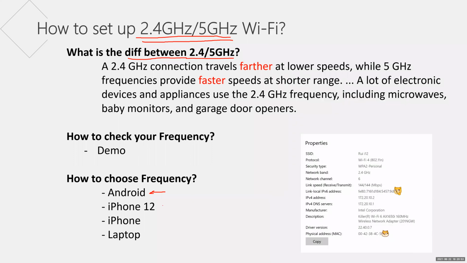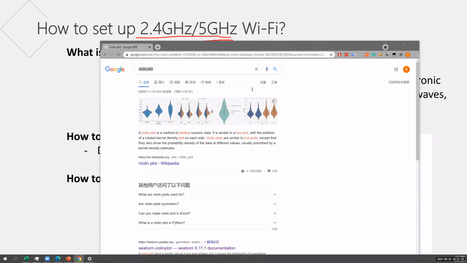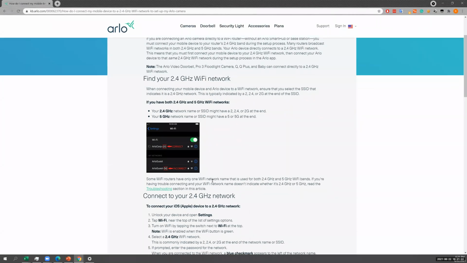But for the iPhone 12, we may be able to create a 5 gigahertz hotspot. Let me show you. Here is an example of it.